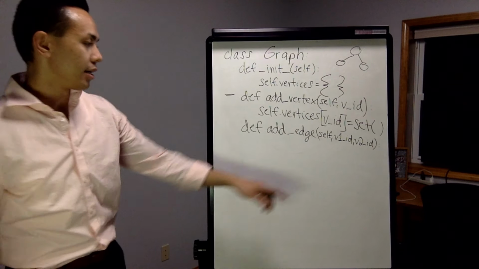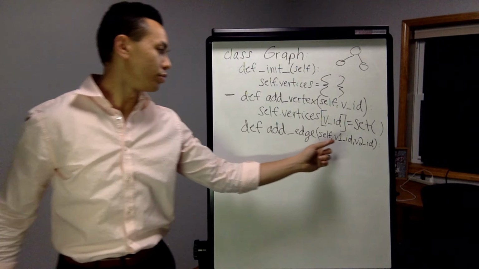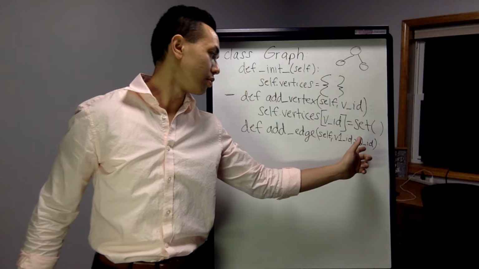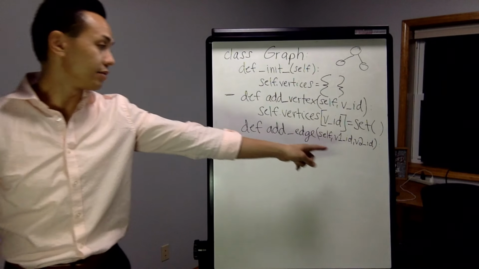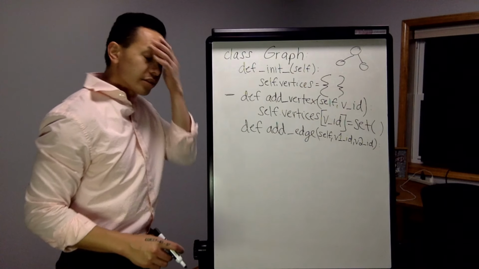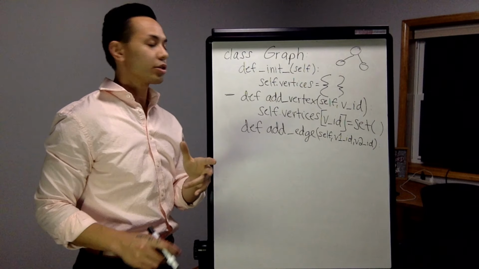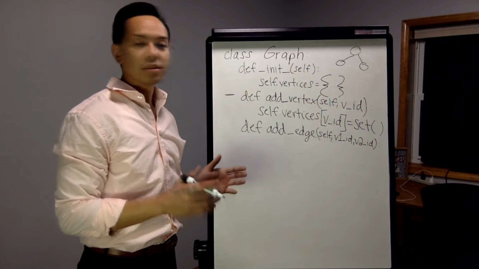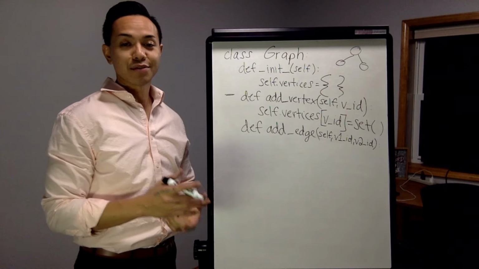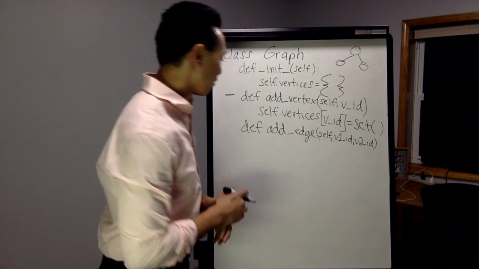Vertex 1 ID is the vertex that you would like to add a connection or a relationship to with the second vertex ID, vertex 2 ID. So, first thing we need to do is make sure that both vertices actually exist. Remember, you cannot create a relationship with things that don't exist, unless you hang out with yourself and talk to yourself like me. That's cool, then you can have a relationship with yourself.